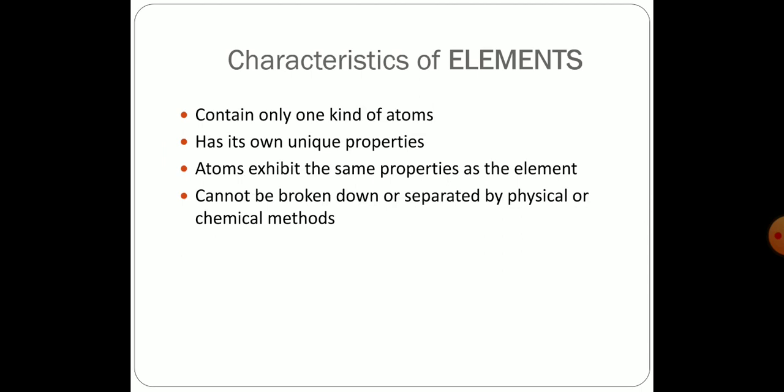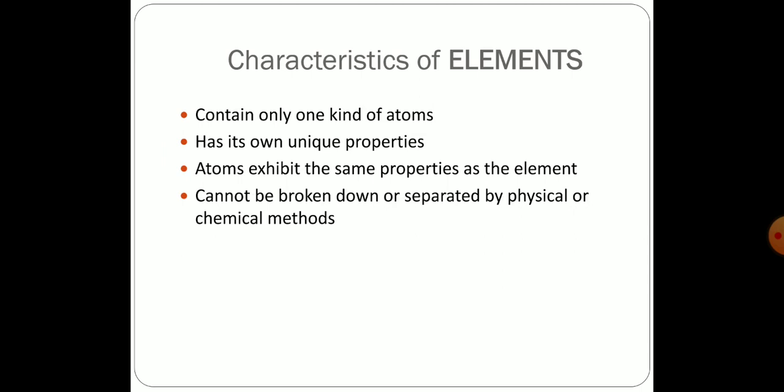What are the characteristics of elements? They contain only one kind of atoms. They have their own unique properties, and they exhibit the same properties as the element. That is, the properties will not change, and they cannot be broken down by physical or chemical methods. We cannot break one hydrogen atom from another hydrogen atom.